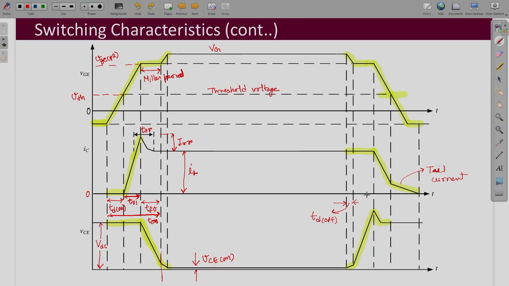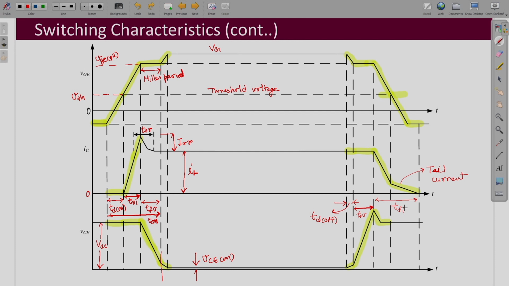And why do we have these tail currents? Because IGBT is not a majority carrier device. Both types of carriers, holes and electrons, participate in the conduction, so while it has to be turned off, both have to be removed. This interval is the rising interval for the voltage, TRV, and this whole of it is the fall in current, TFI.